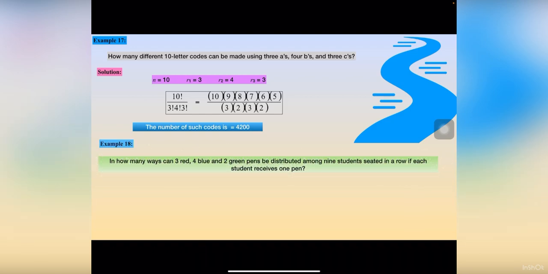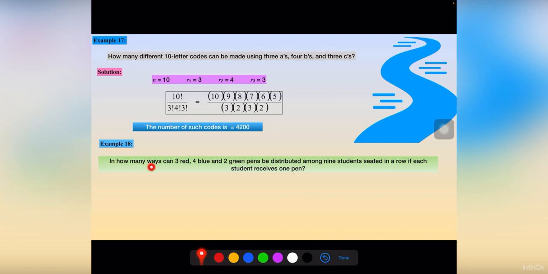Example 18. In how many ways can 3 red, 4 blue, and 2 green pens be distributed among 9 students seated in a row if each student receives 1 pen? Solution.